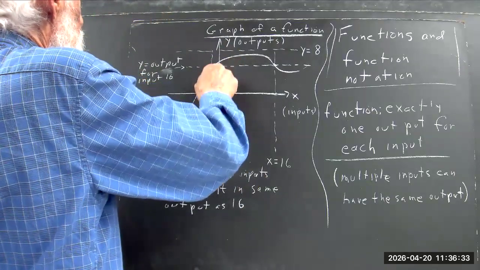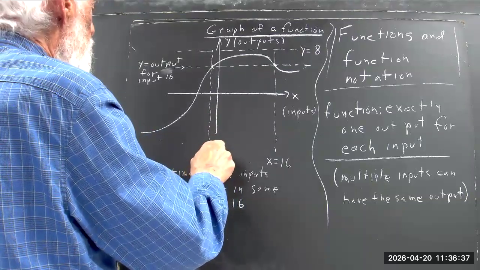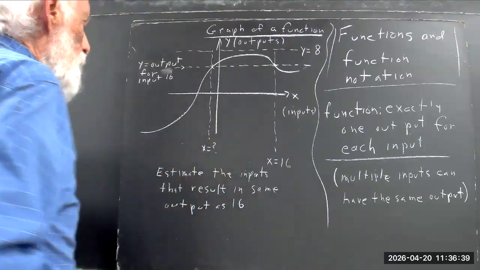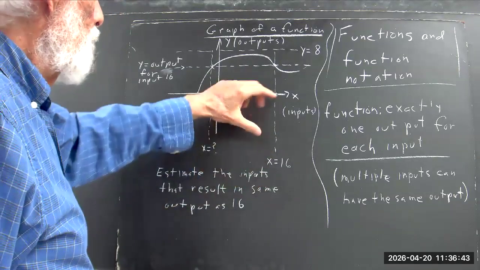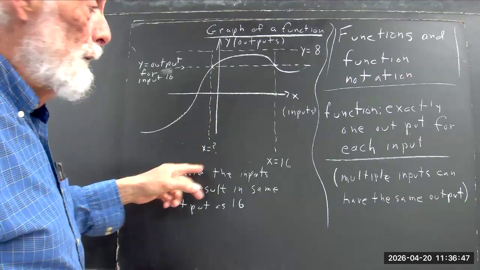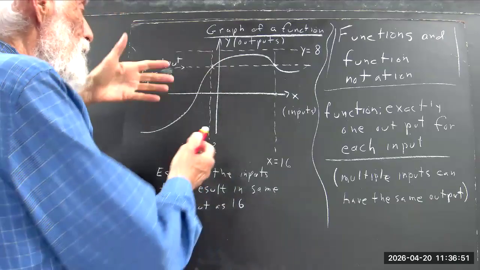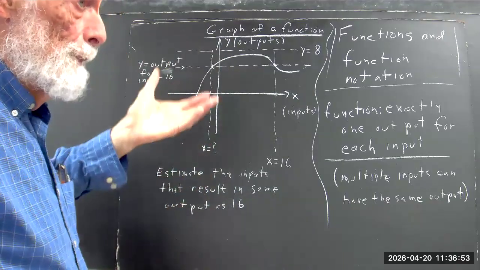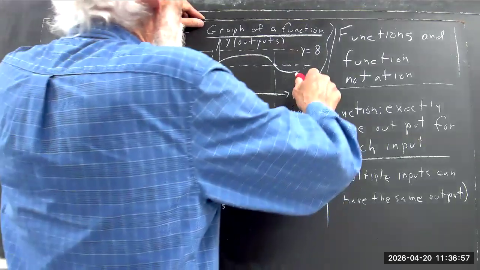So I can draw a line here. And x equals what? Well, you've got a scale. If this is 16, what's this? Certainly less than half of 16. It's probably less than a fourth of 16. Maybe it's around 2 or 3. But it's negative, on the negative side of the axis.